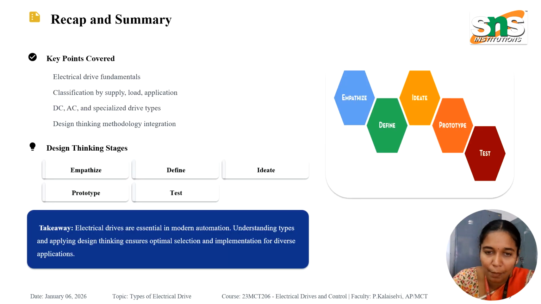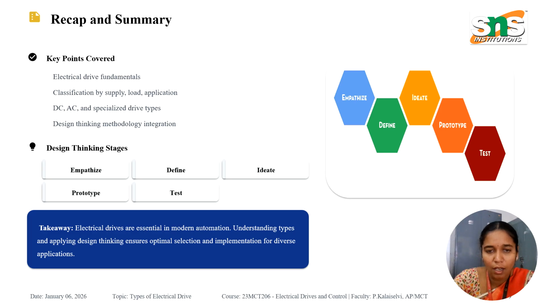Now the recap or summary. Here we take the key points. In this session, we learned electrical drive fundamentals, classifications by supply, load and applications, types of DC drives, AC drives and specialized drives, and how design thinking is applied in all five stages: empathize, define, ideate, prototype, and test.